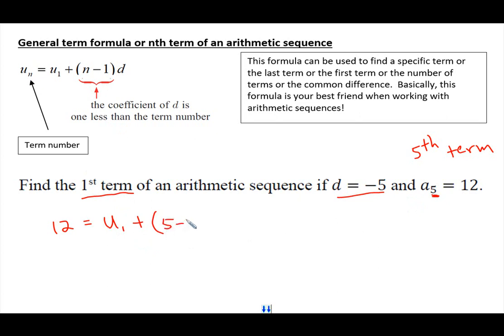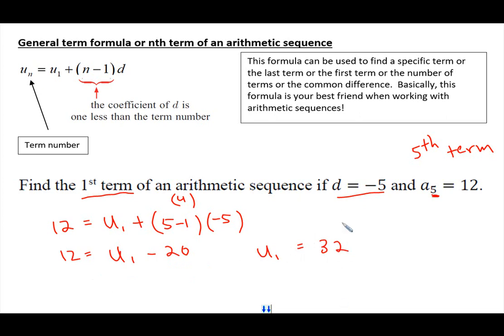So we have 5 minus 1, and we know the common difference is -5. 5 minus 1 is 4. So if we multiply, we're going to end up with u sub 1, and then multiply here, that'll give you -20. So u sub 1 minus 20 is equal to 12. Now we want to find u sub 1, so we just add 20 to both sides. So u sub 1 is going to equal 32.